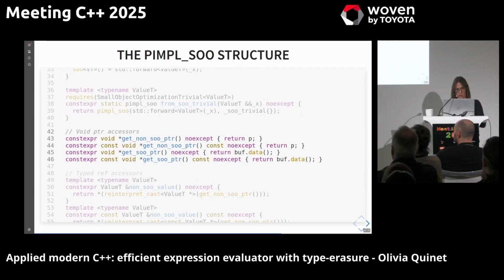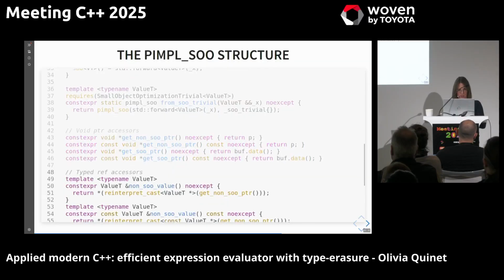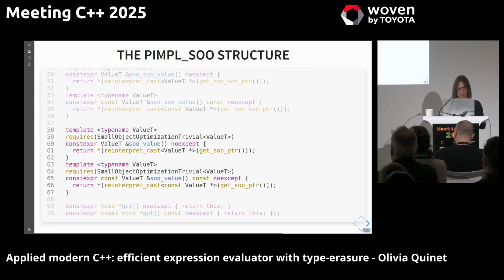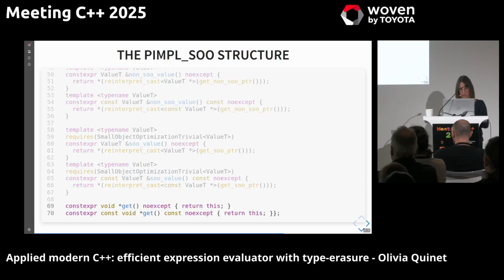This is some pointer accessor. So to get a pointer to the value, but in void, and here we cast to a reference for the non-SSO value, and same for the SSO value. And here we have two functions, const and non-const. The get function returns a void pointer to, in fact, in this case, this, so the pimple SSO structure.